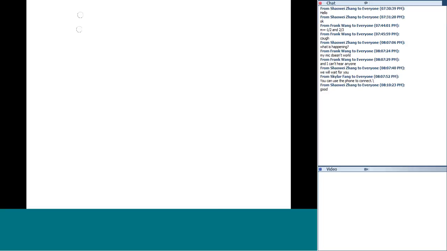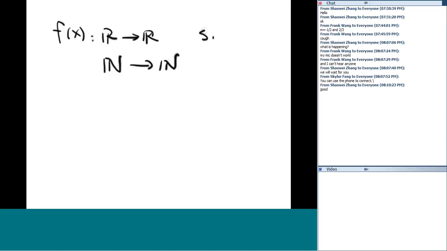Usually we talk about functions, and a function is from a real number to a real number. But sometimes you are talking about from natural number to natural number. For example, you can have like 2 to the x, from integer to integer, from positive integer to positive integer.